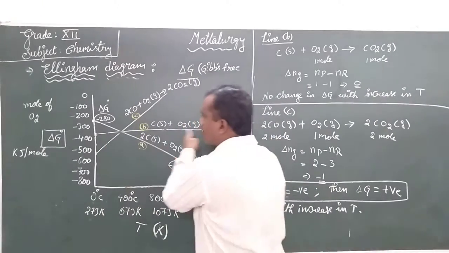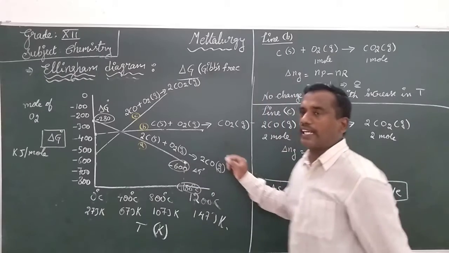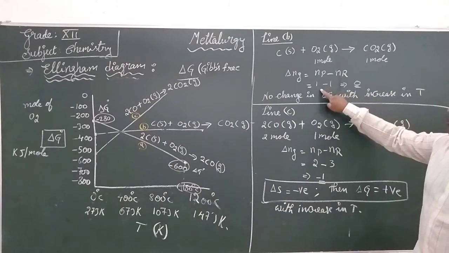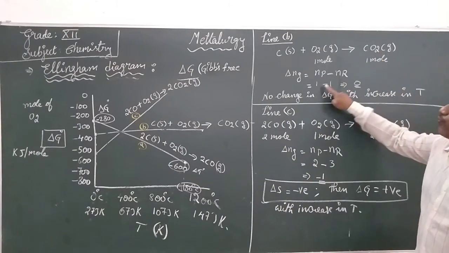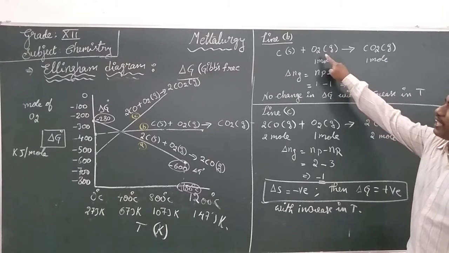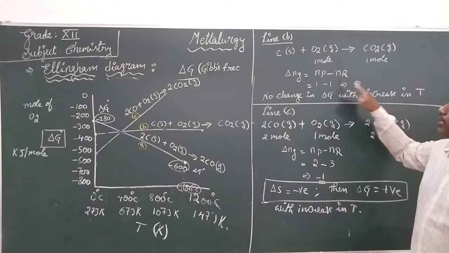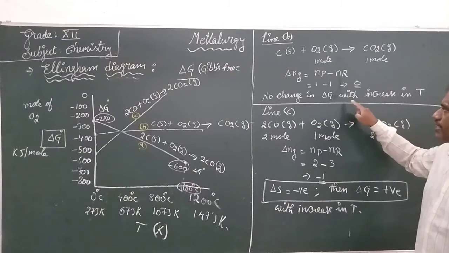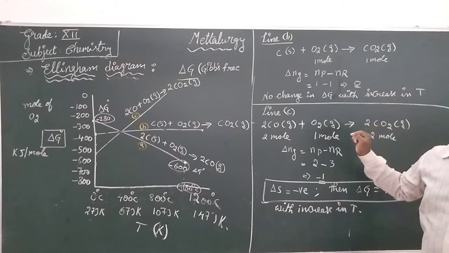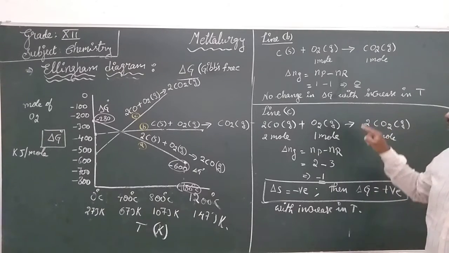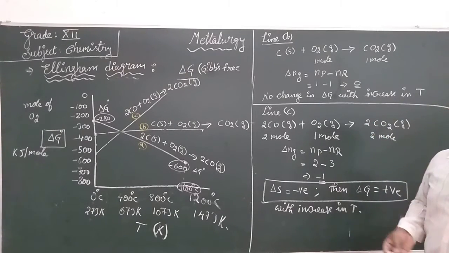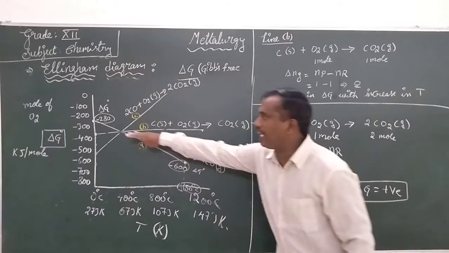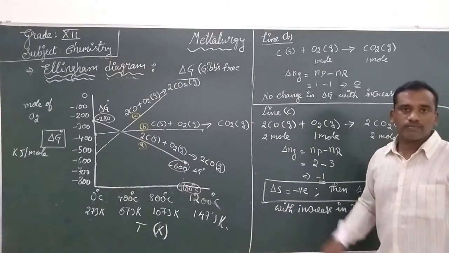There is no variation. It is going in a straight line because the number of gaseous products is 1 mole. Number of gaseous reactant is also 1 mole. 1 minus 1, 0. So there is no change in the delta G value, Gibbs free energy, with increase in temperature. So it is going in a straight line.